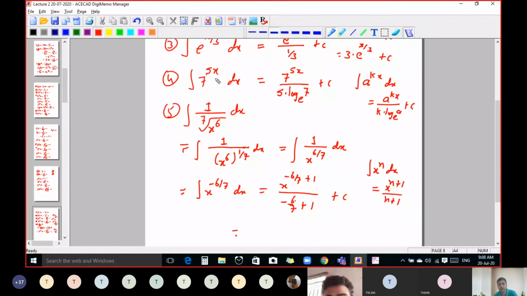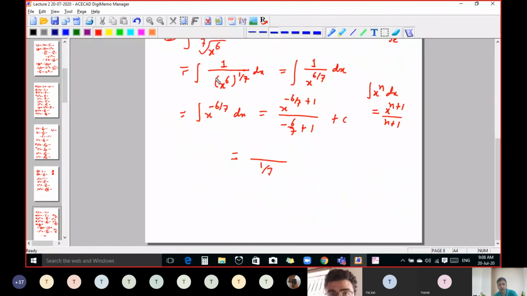If we take LCM 7, we get minus 6 plus 7, that is nothing but 1 upon 7. So we get x raised to the same thing, 1 upon 7, and ultimately the answer is 7 into x raised to 1 by 7 plus c, or you can write this as 7 into the 7th root of x plus c. So this is the way to find the answer.